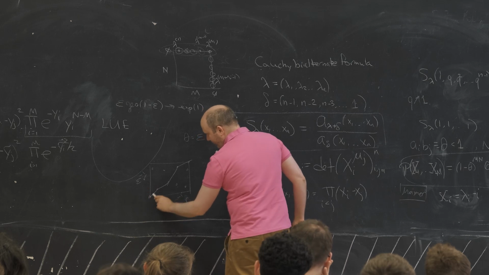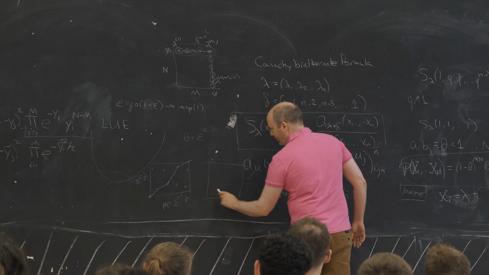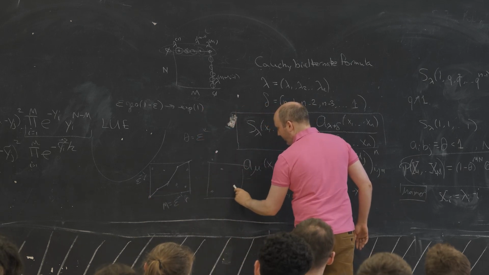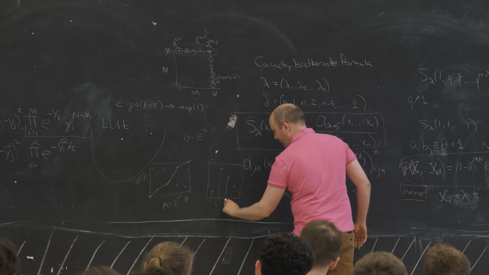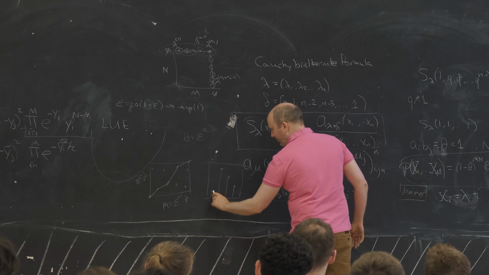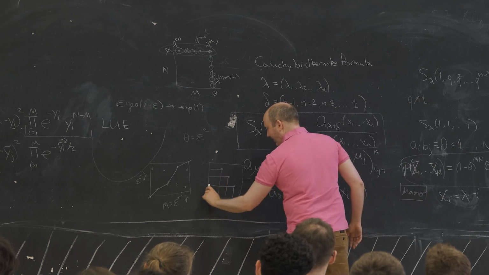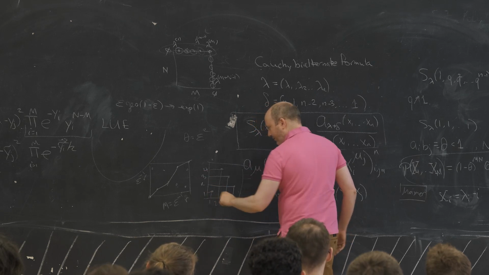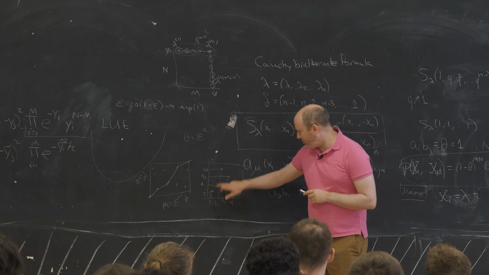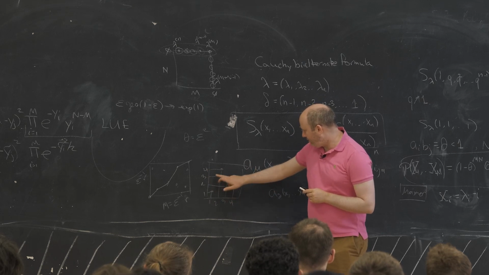So, maybe n is 4. You label the points 1, 2, 3, 4, and then you see where they come out on the y-axis, and you label 1, 2, 3, 4 in that order. And now you say 1 goes to 1, 2 goes to 4, 3 goes to 3, and 4 goes to 2.